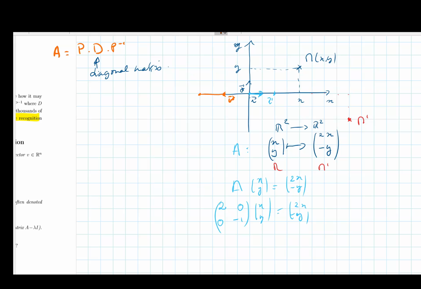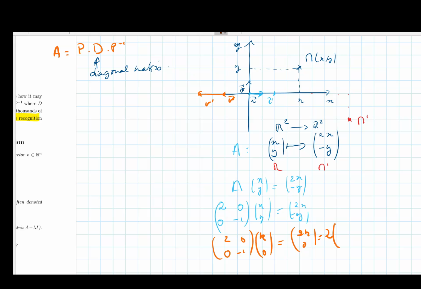So that will give me the V prime. What's interesting about this is that anything that is collinear to I is just going to have coordinates k and 0. So the effect of this matrix on anything collinear to the I vector is going to be 2k, 0.